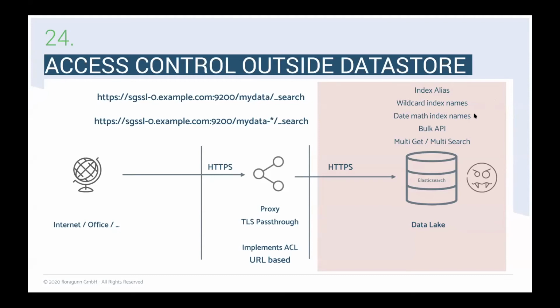In Elasticsearch, we have something like an index alias. I can use wildcards in index names. We have date math-based index names. And of course, we have the bulk, multi-get and multi-search APIs. So by just looking at the URL, I cannot really tell which index or which data is being queried. It's just not possible.